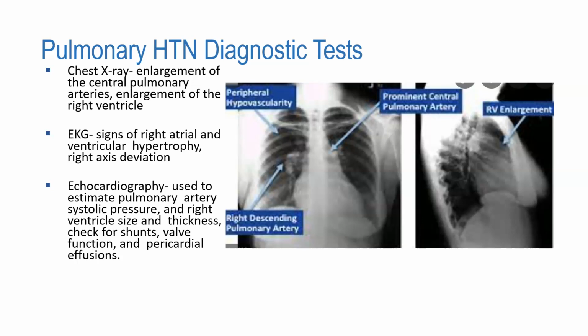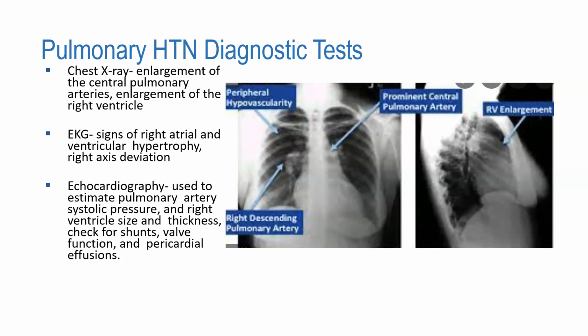You also may have RV hypertrophy, which means you're going to have a very tall R wave in leads that you don't normally. That would be V1, V2, and V3. And a right axis deviation. Again, no one's going to ask you to diagnose an EKG. They're not going to say, look at this EKG and tell me what you think. And we do not diagnose pulmonary hypertension from an EKG.